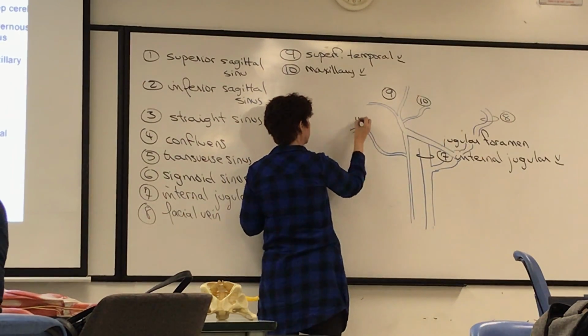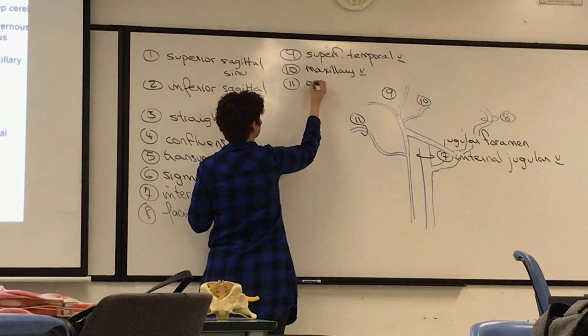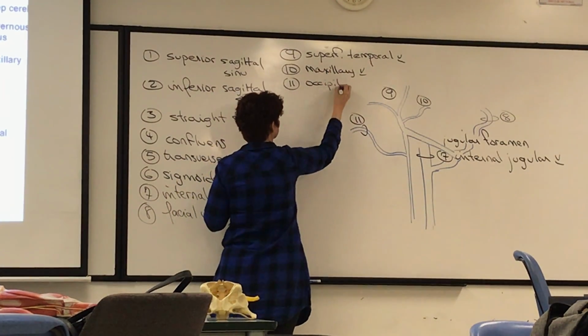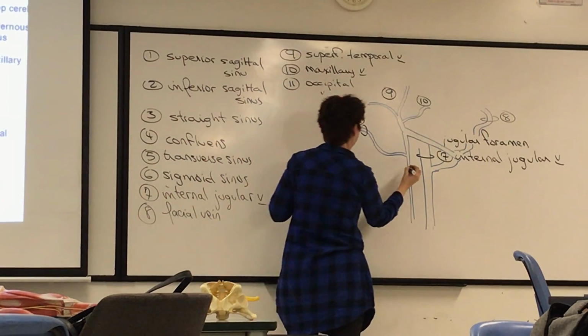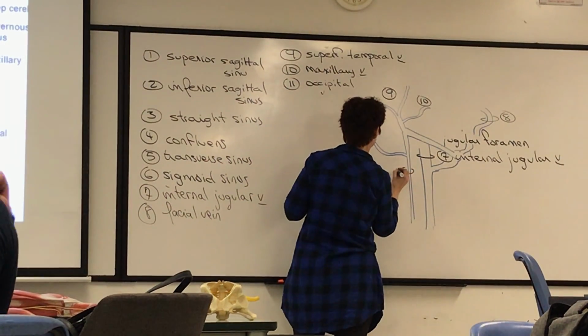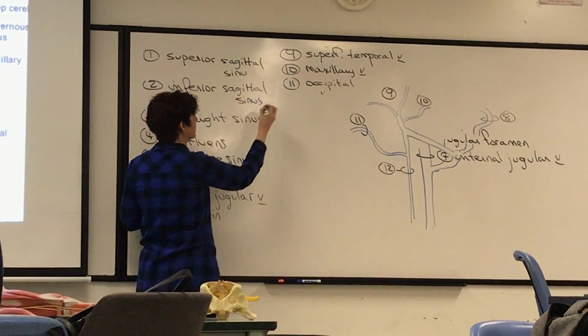Region will be occipital. And these all drain, or have a possibility of draining into 12, which is the external jugular.